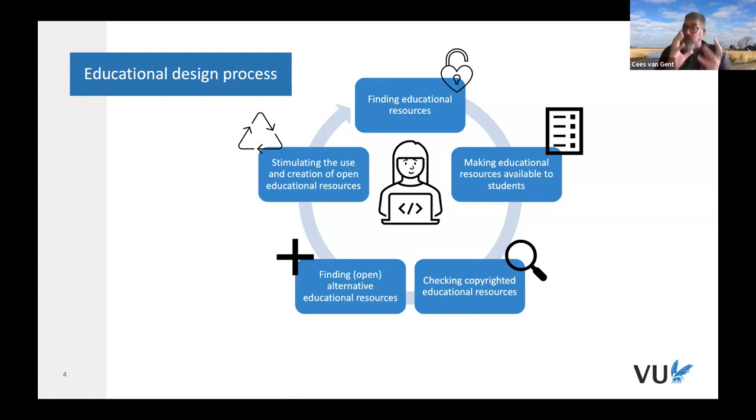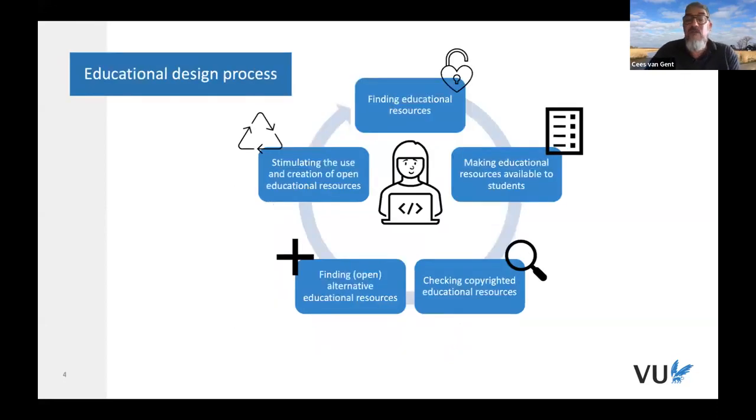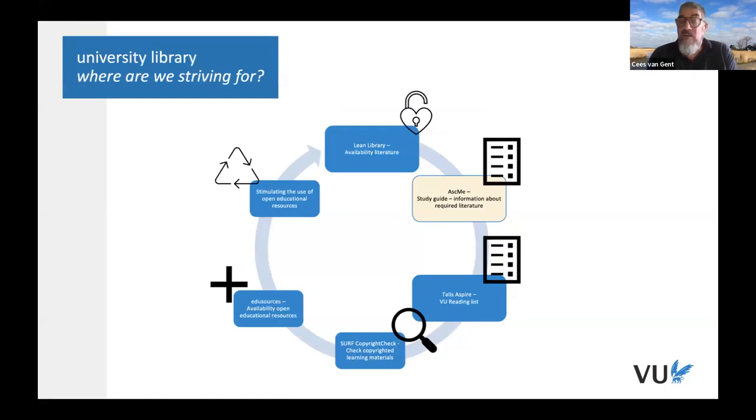So this is what I was thinking about, and the tools helped me with it. If a lecturer is searching for educational resources, he goes to a browser. He's browsing for information on the internet.